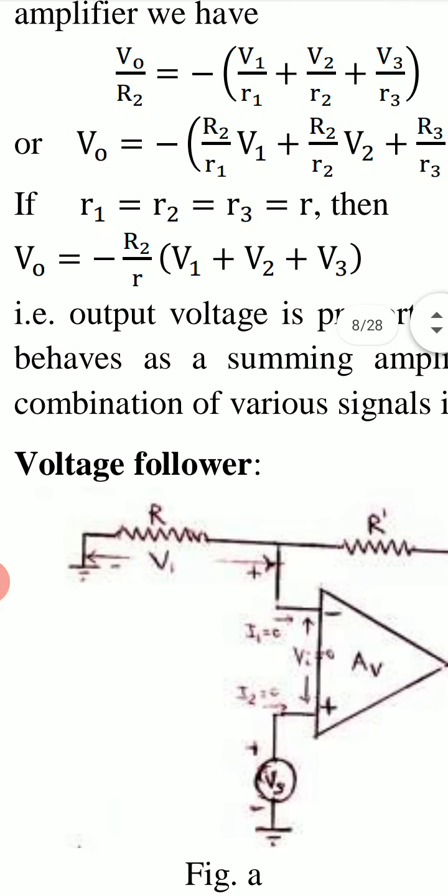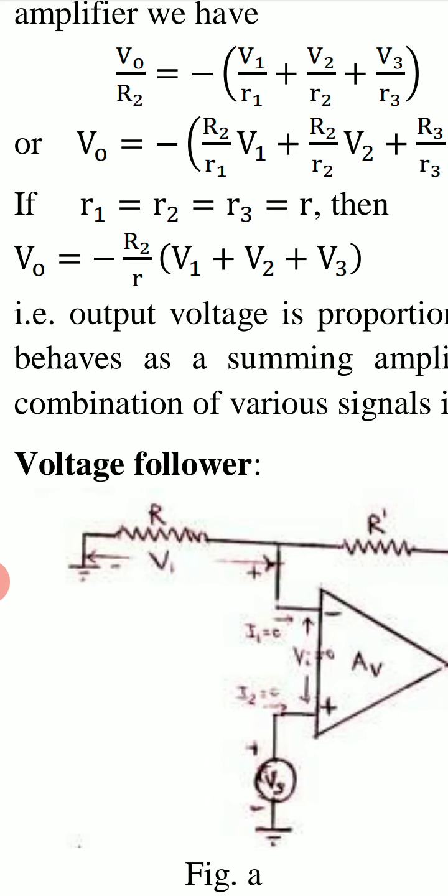If all these input resistances r1, r2 and r3 are equal and equal to small r, then we can write this expression as VO equal to minus capital R2 upon small r into V1 plus V2 plus V3, so that the output voltage obtained will be proportional to the sum of three input voltages. VO is proportional to V1 plus V2 plus V3.